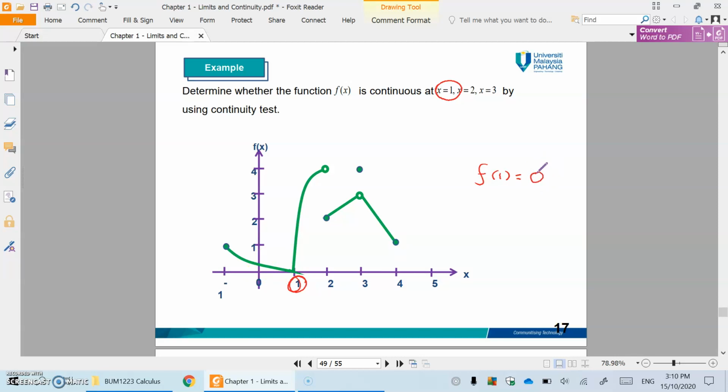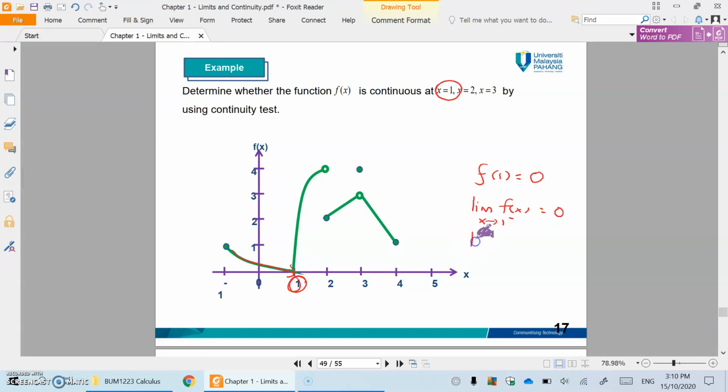Next, finding the limit of f(x) as x approaches 1. Considering the left side, as we can see, the graph approaches 0.